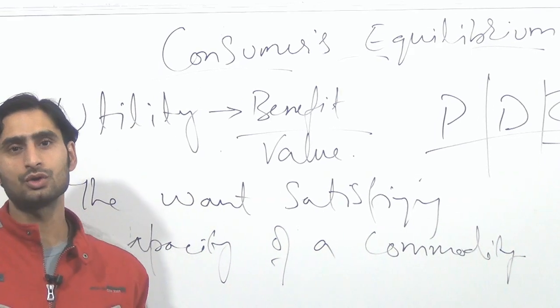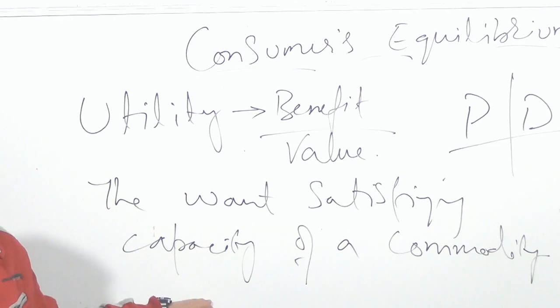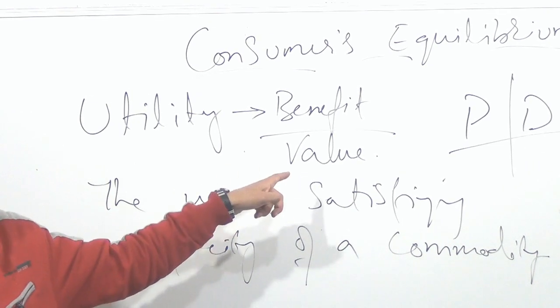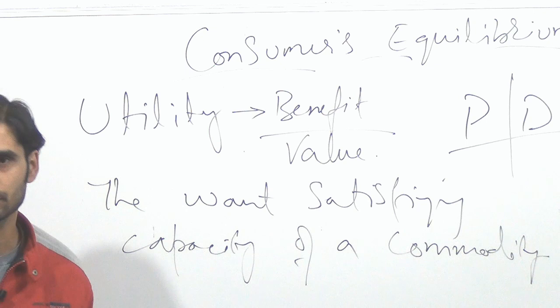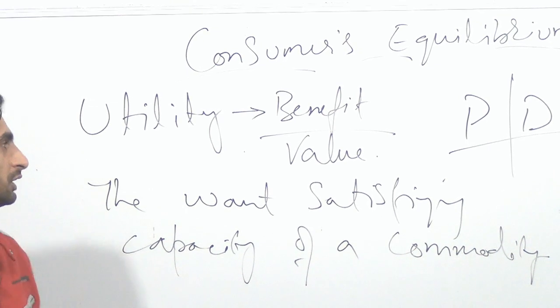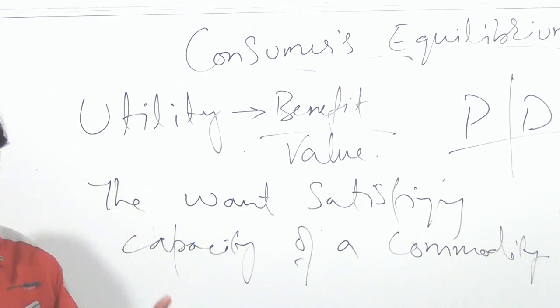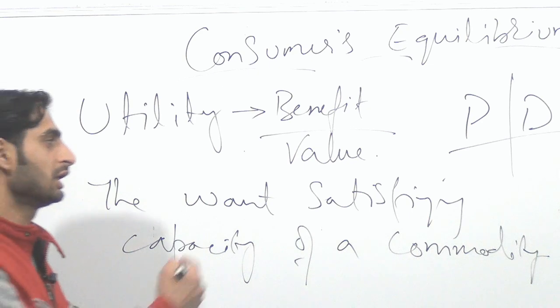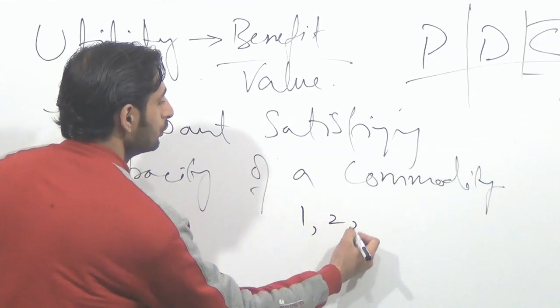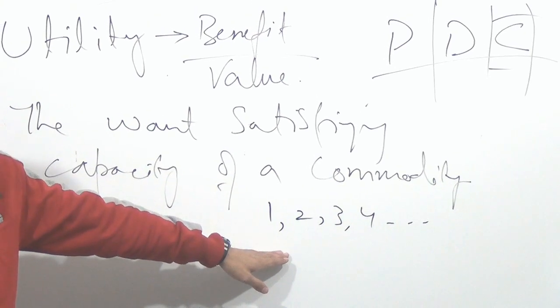Under the cardinal approach, which I am going to take up here, we hypothetically give numbers to the levels of our satisfaction, say 1, 2, 3, 4 and so on, the cardinal numbers.